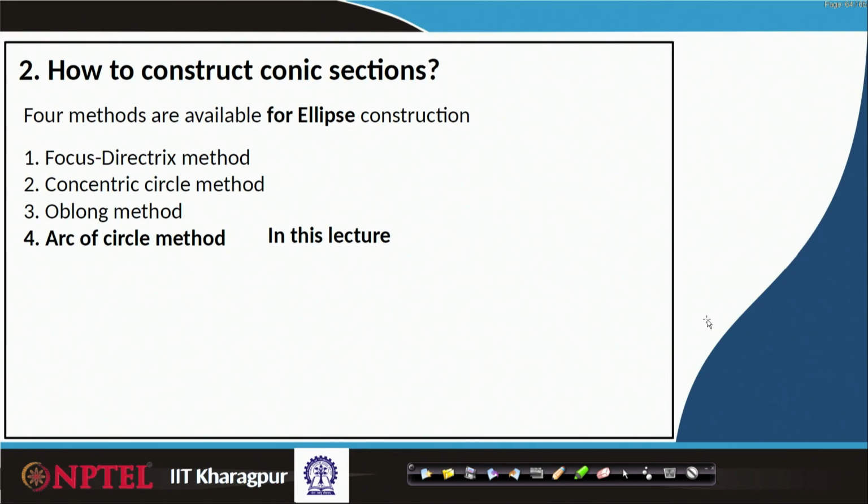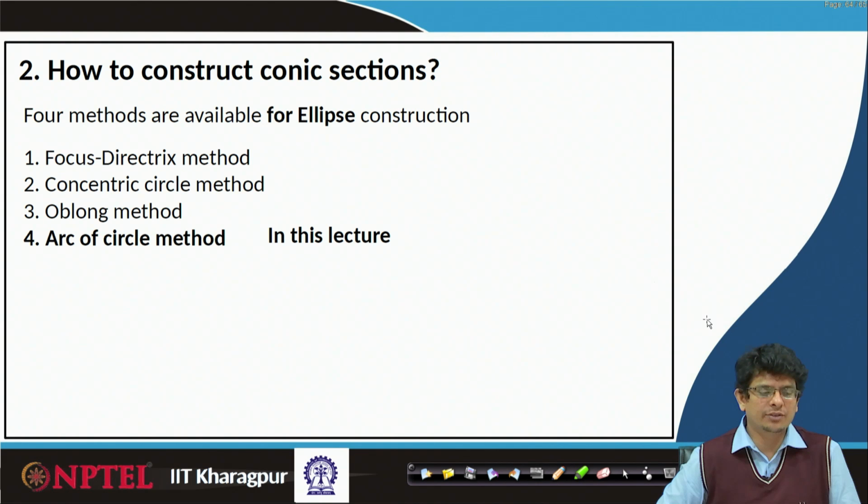So, in today's lecture we have covered this arc of circles method. In principle, to construct an ellipse, the popular methods are 4: focus directrix method, concentric circle method, oblong method, and arc of circle method.